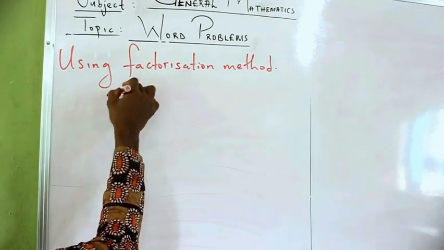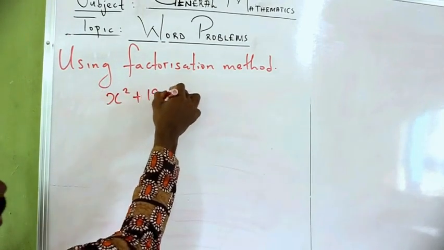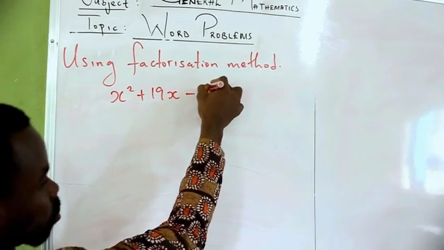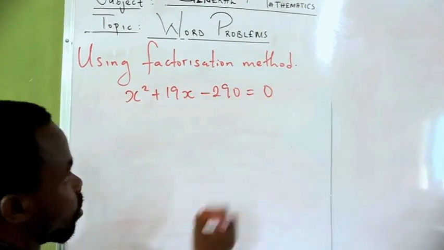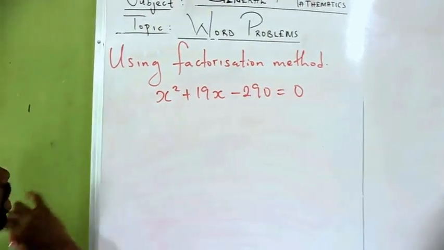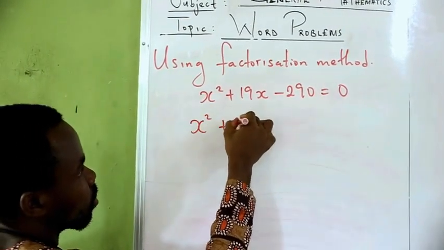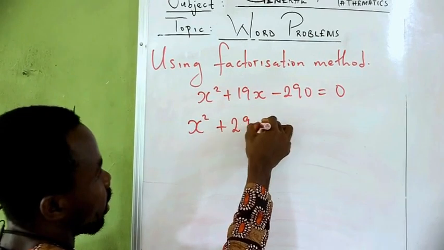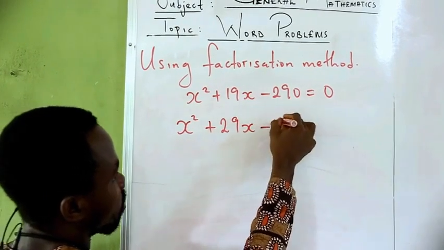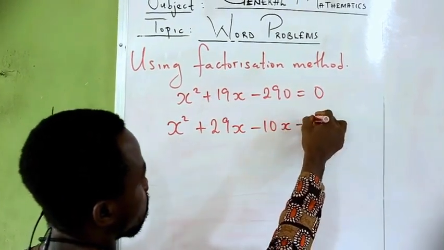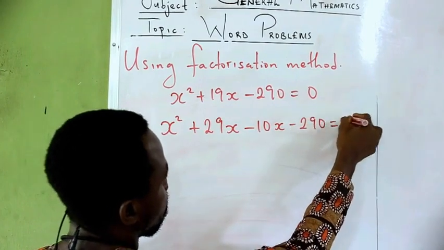x squared plus 19x minus 290 equals 0 can be expressed as x squared plus 29x minus 10x minus 290 equals 0.